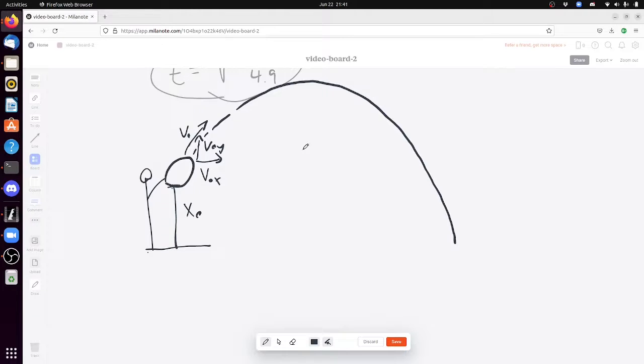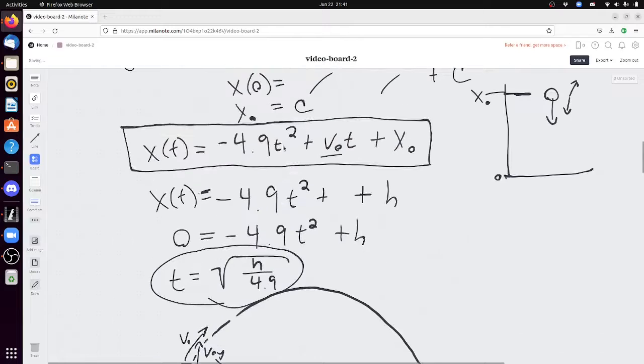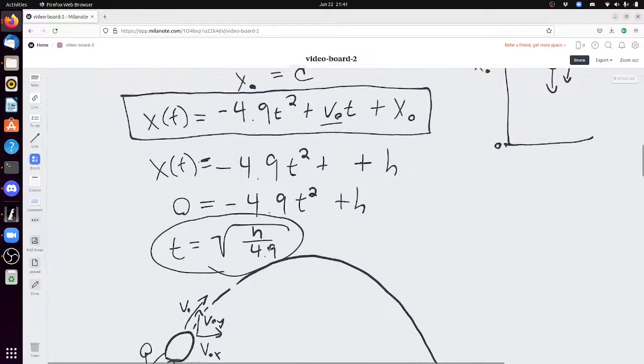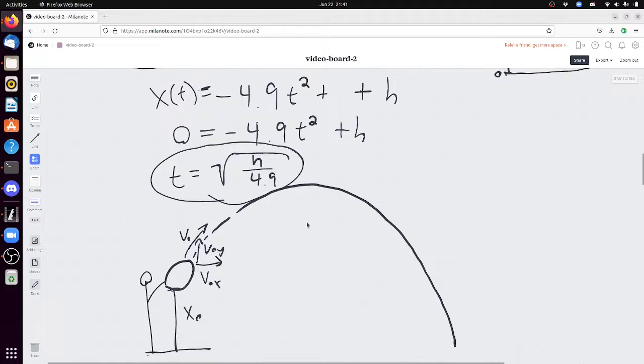I just want you to understand that this equation right here, this parabola, is a lot more general than just dropping objects. It can handle throwing objects too. It can basically handle how any object near the surface of the earth moves given certain initial conditions, basically how high you start and how hard you throw it and in which direction.